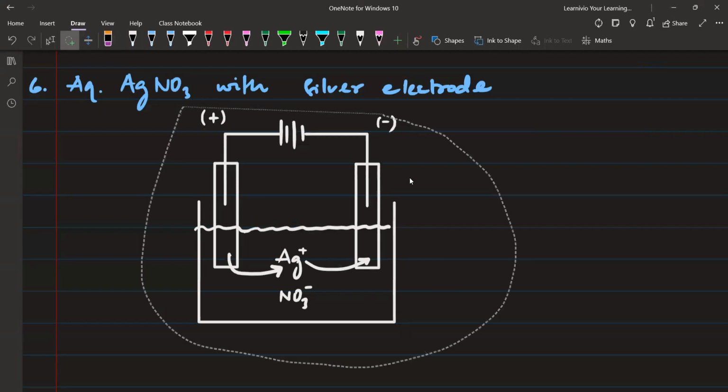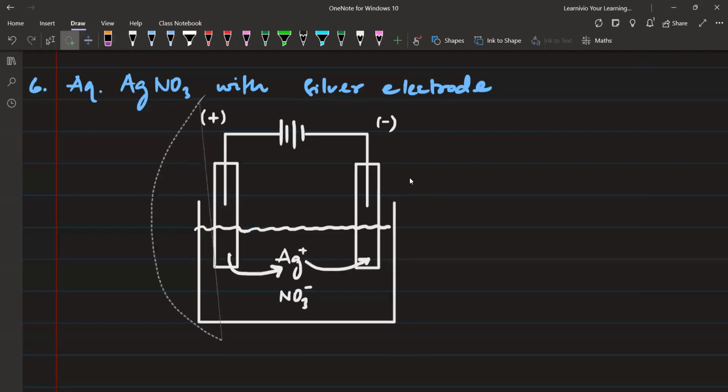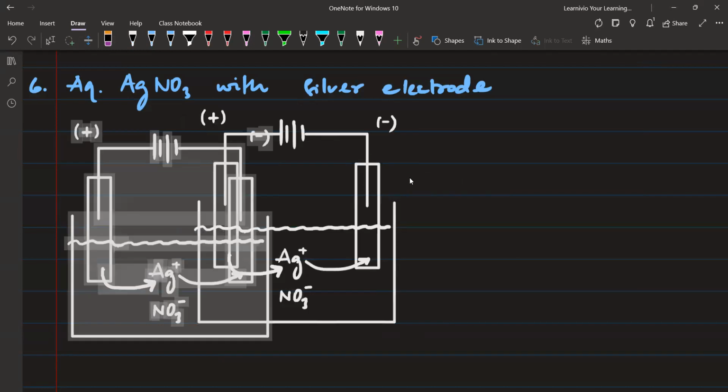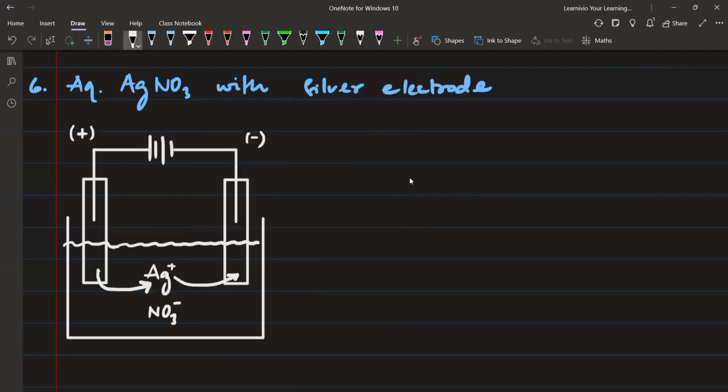So the reaction here is very easy: oxidation of Ag and reduction of Ag. What will happen at the anode? In the anode, Ag from the electrode is going to get converted to Ag positive, plus it will give one electron.